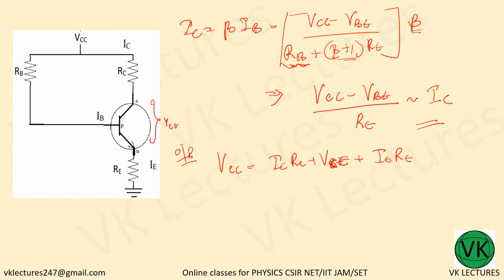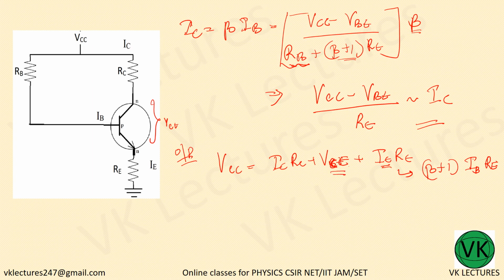Here also you can substitute IE is equal to beta plus 1 into IB, so IERE is beta plus 1 into IB into RE.